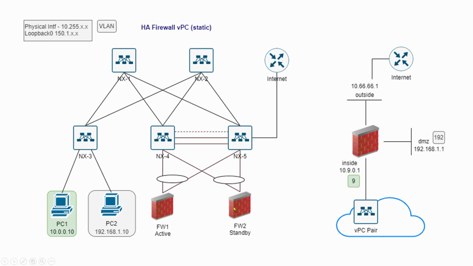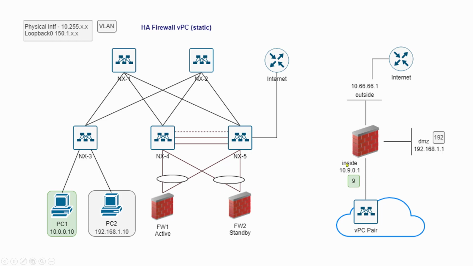I forgot to put that there, but that's the cable just for the health check for the failover. And I did move PC2 over to Nexus 3 just to separate it a little bit, make it clean. But PC2 is still in VLAN 192, PC1 is still in VLAN 10.